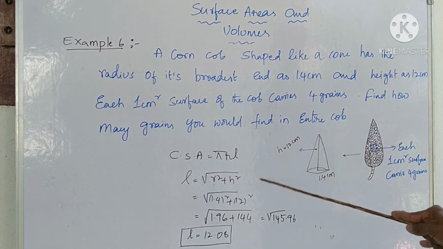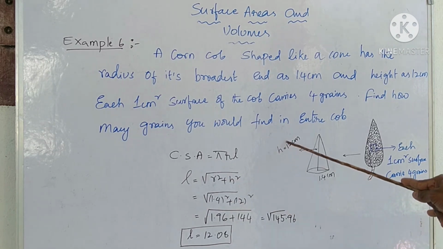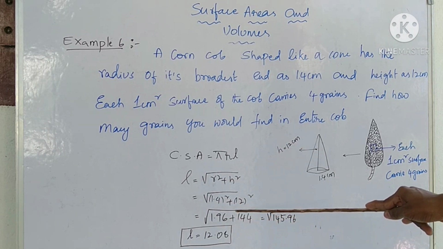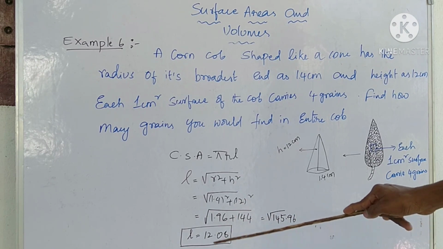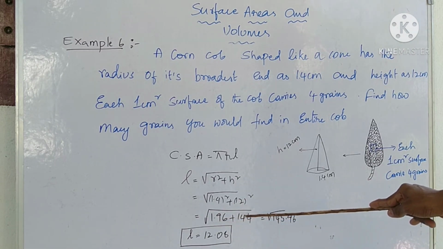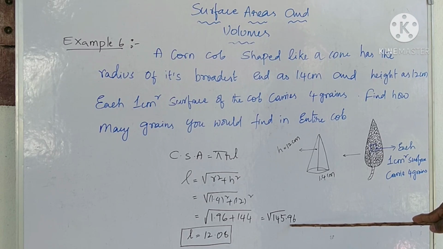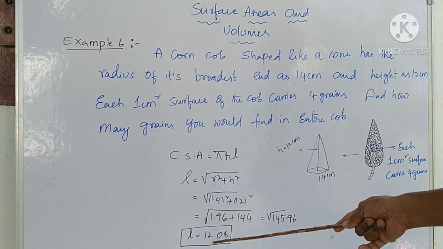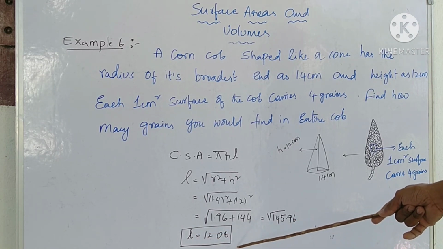Here r square means 1.4 square plus h square means 12 square. 1.4 square is 1.96 plus 144, square root of 145.96. So slant height is 12.08 centimeters.